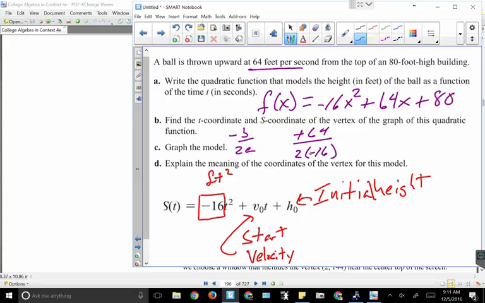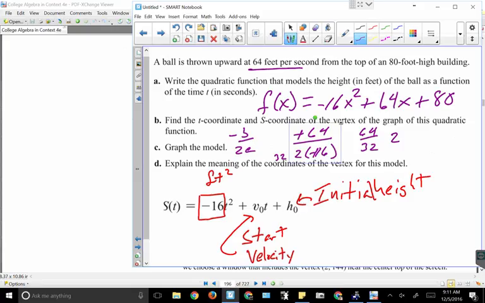So those cancel out. That turns out to be 32. So that means that this thing is 64 over 32, which means it's going to be at 2. So 2 seconds into this, throwing this ball, it maxes out, hits its vertex.